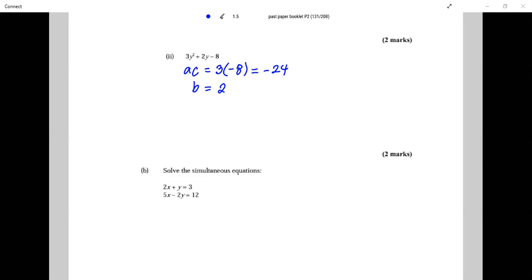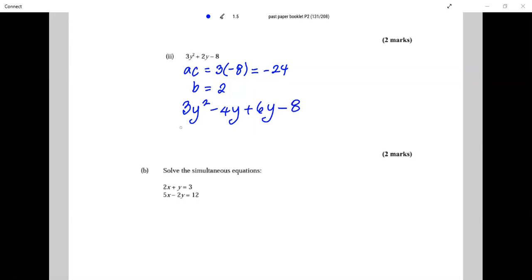Those two numbers are positive 6 and negative 4. So I'm going to use those two numbers to split the middle term into 3y squared minus 4y plus 6y minus 8. Then I'm going to factorize by grouping.